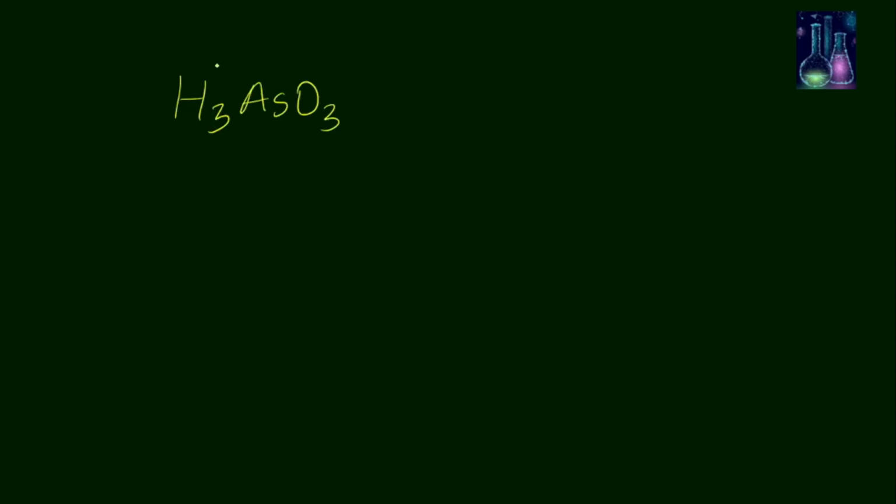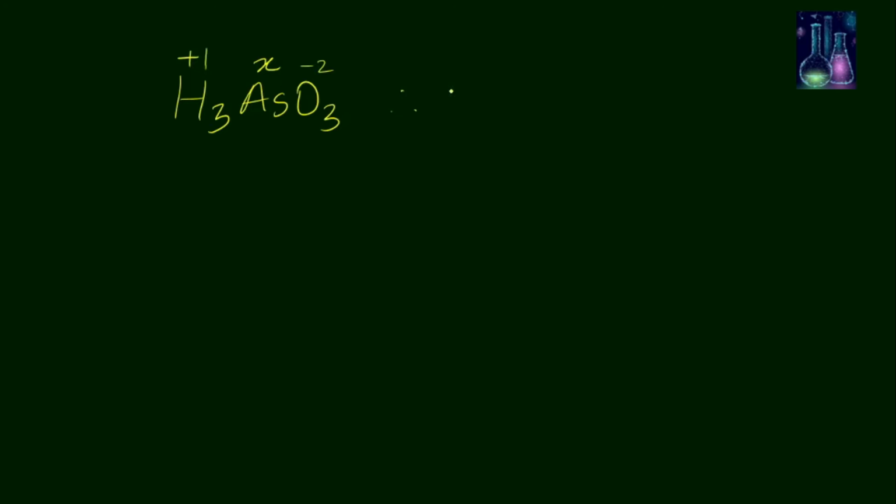H3AsO3. Let's find out the oxidation state of arsenic. I request you to pause the video, and once you are done solving, please resume. So hydrogen is +1, oxygen is -2.